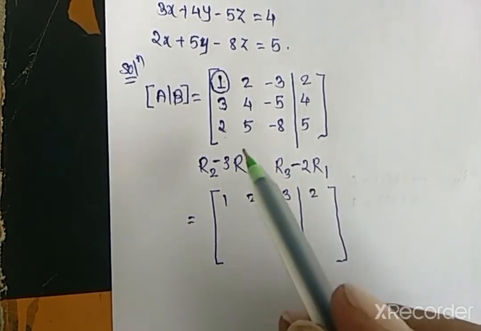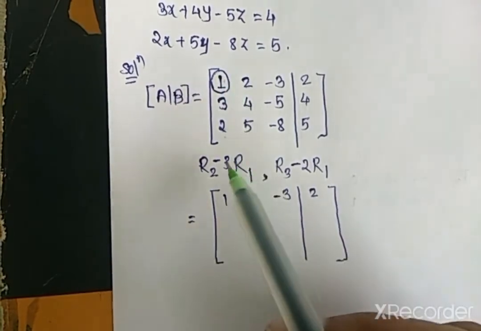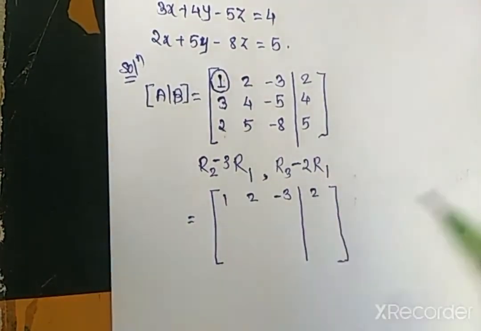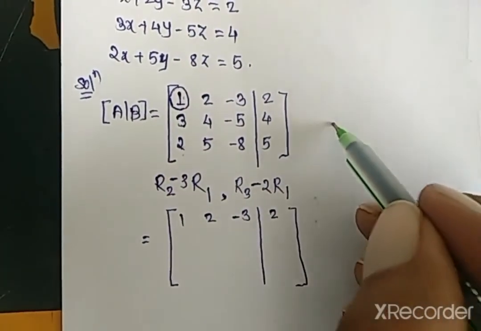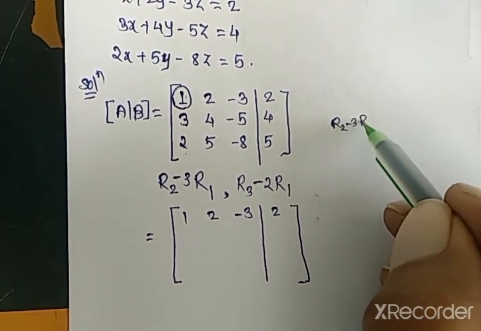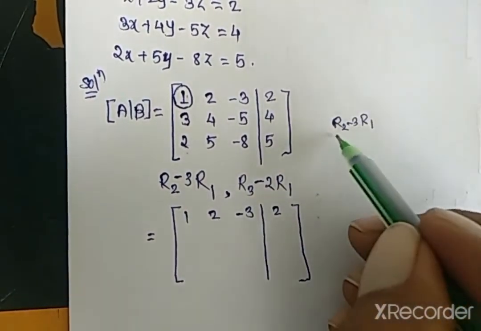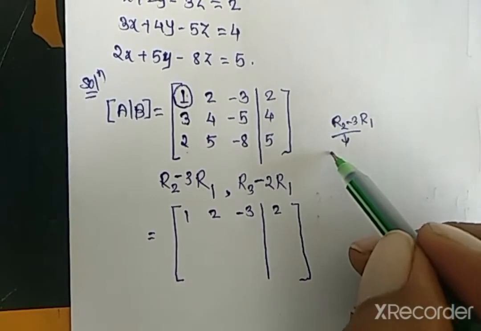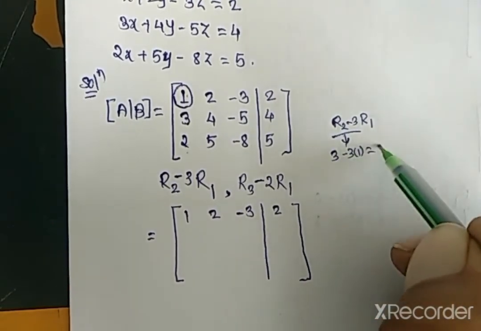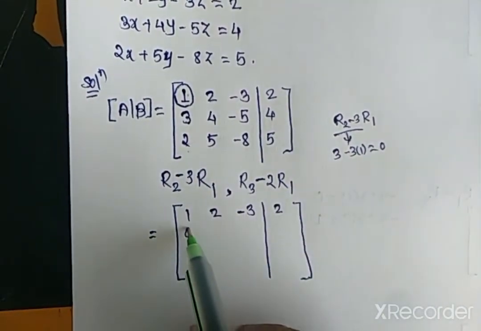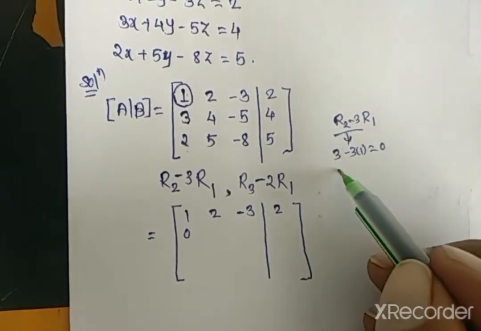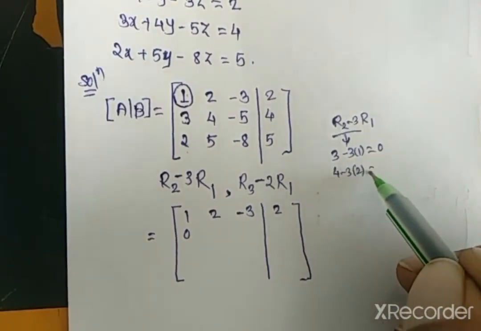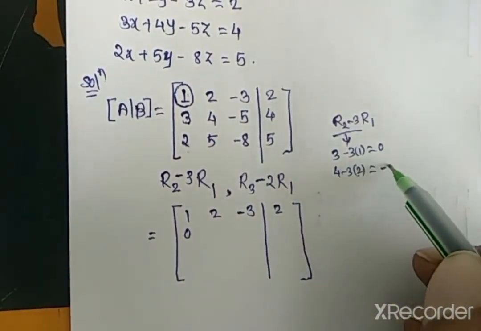Now the second row will be R2 minus 3 R1. So the first entry is 3 minus 3 into 1, which is equal to 0. Next, 4 minus 3 into 2, which is 4 minus 6, will be minus 2.